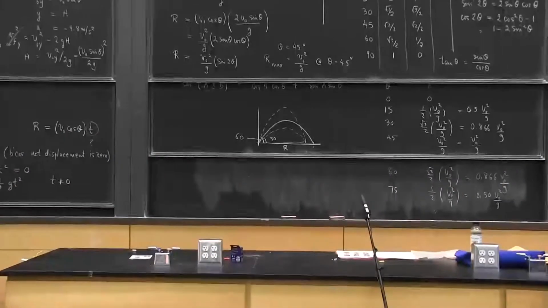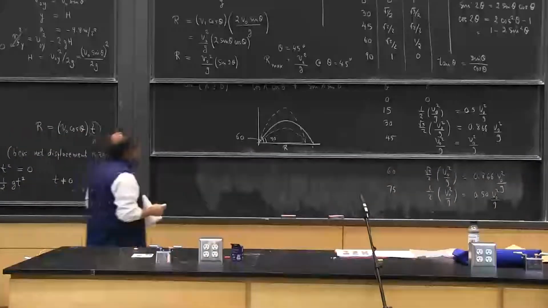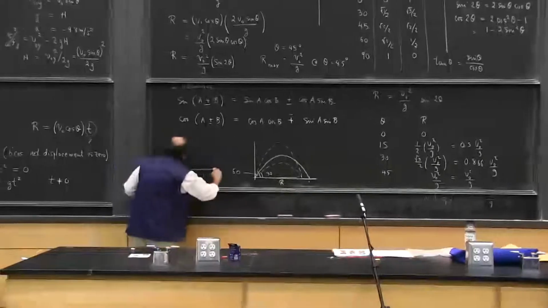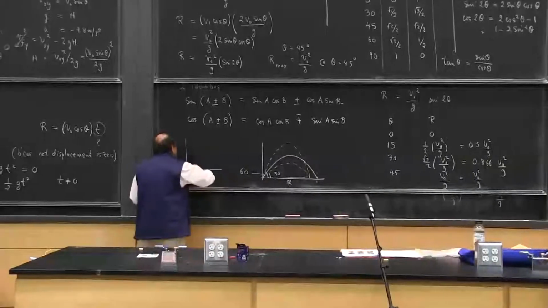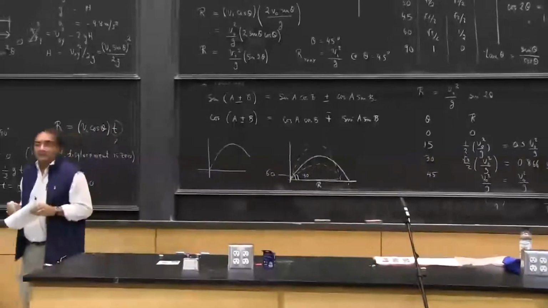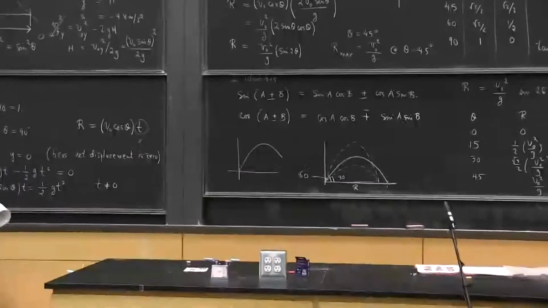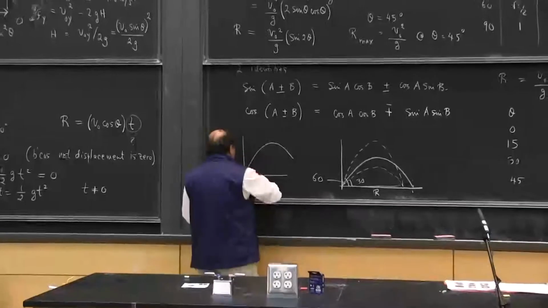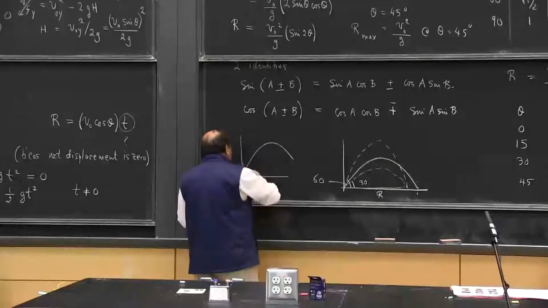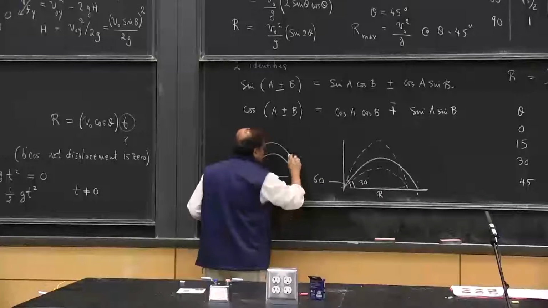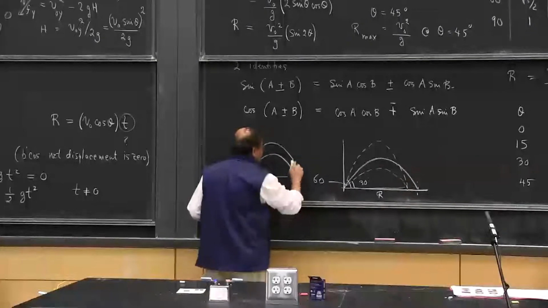All right, so 60 and 30 is 90. And what you have is essentially the same range. So let us say that I shoot a projectile like this at some angle. Okay, high angle. Then what the math is telling us is that it is always possible to shoot a projectile at the appropriate lower angle such that they would have the exact same range.